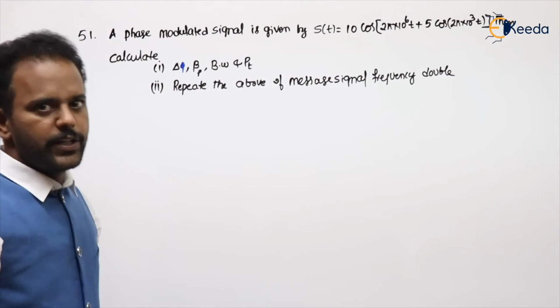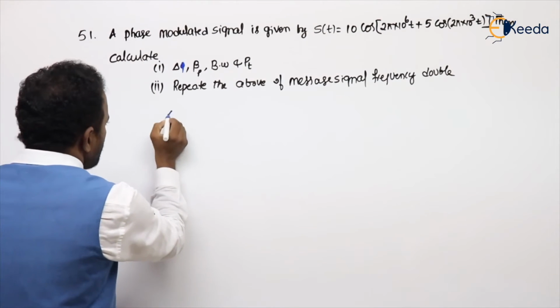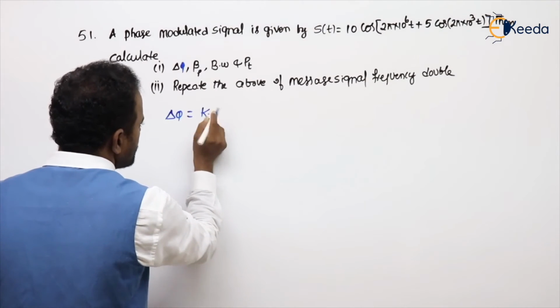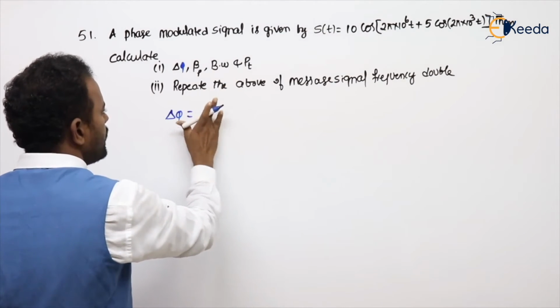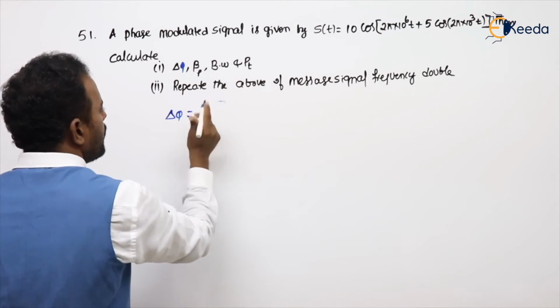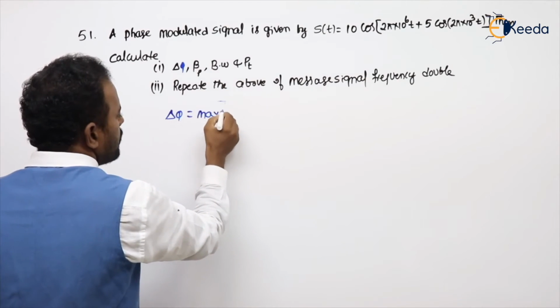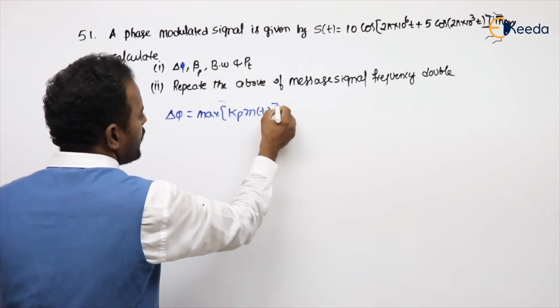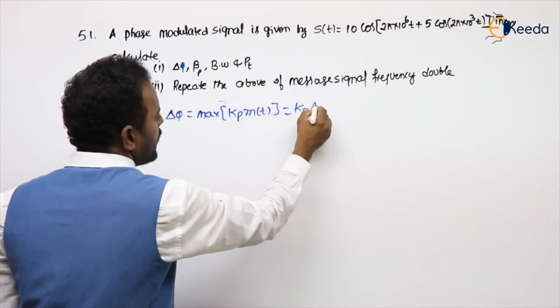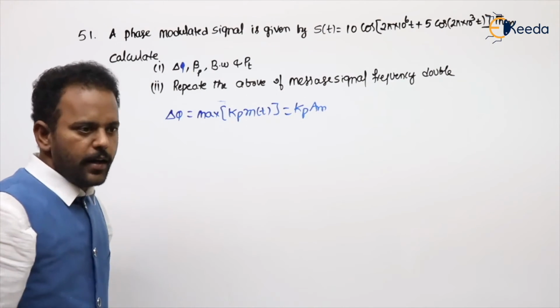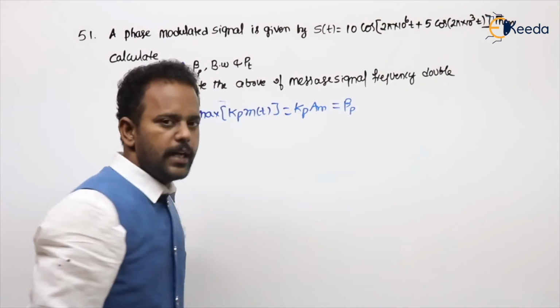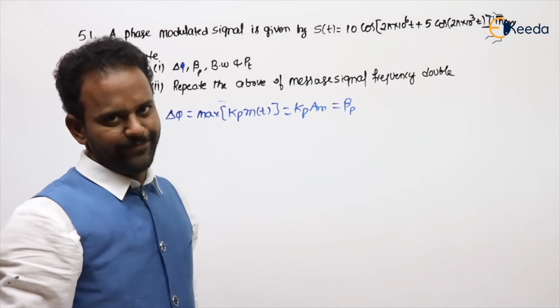Maximum phase deviation. What is the maximum phase deviation? It is the maximum value of Kp into m of t, or Kp Am for sinusoidal, and it is also equal to the modulation index in phase modulation.